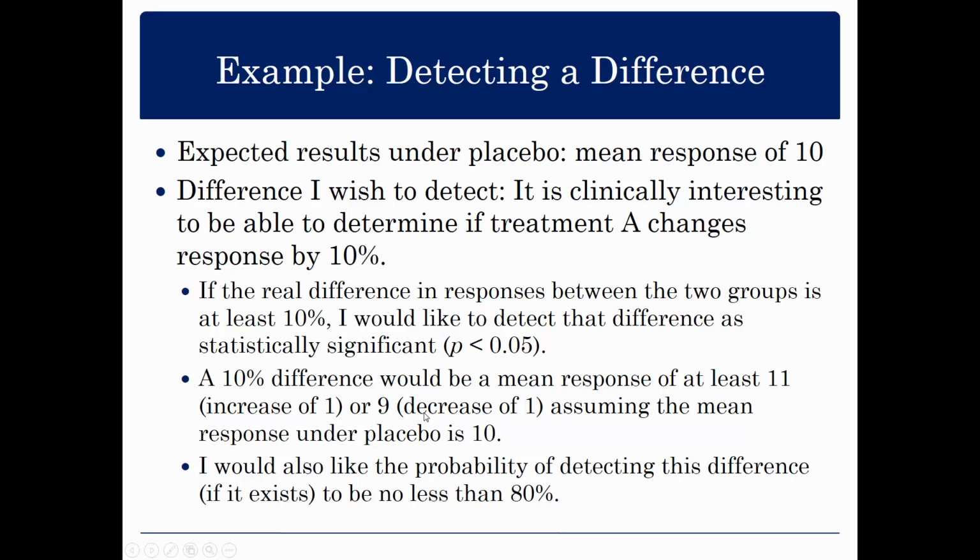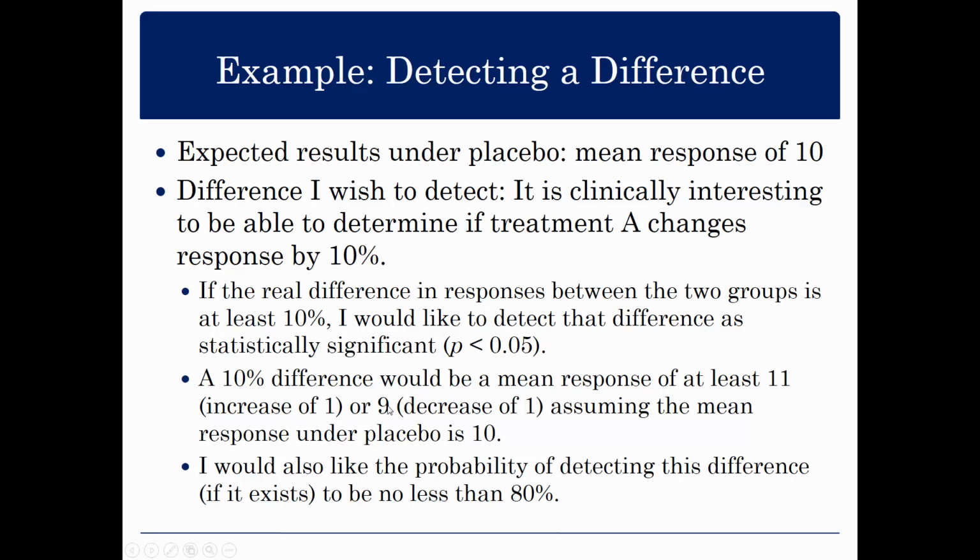Or if the change is in the other direction, it could be a decrease of 1, which would result in a mean response of 9. I would like to be able to flag this as statistically significant at the 5% level. In other words, I want to be able to get a p-value less than 0.05 if I get evidence demonstrating at least a 10% difference between these two groups.